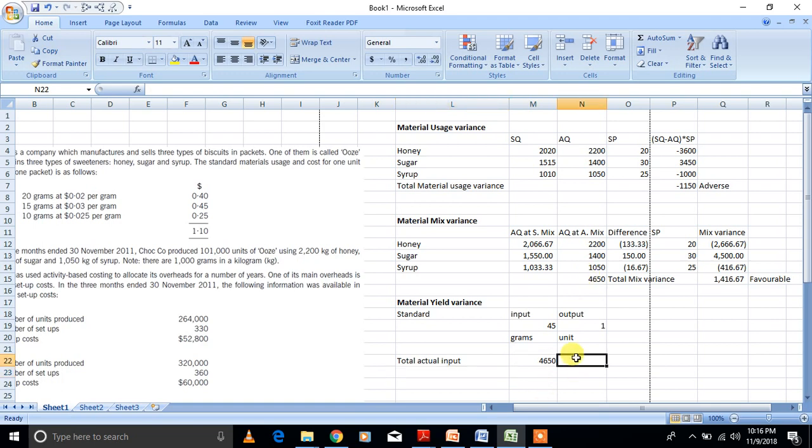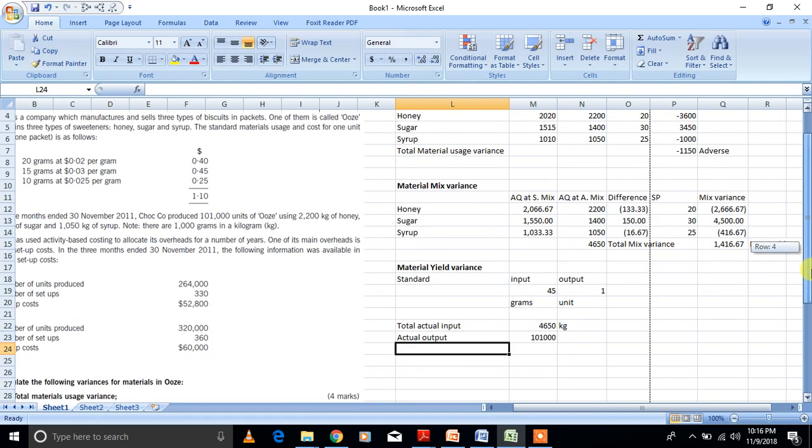So from this many kilograms of input, what was the actual output? 101,000 units were made. So from 4650 kilograms, 101,000 units have been made.